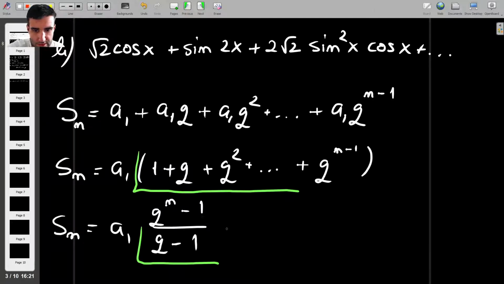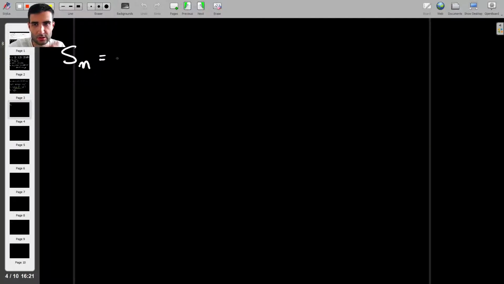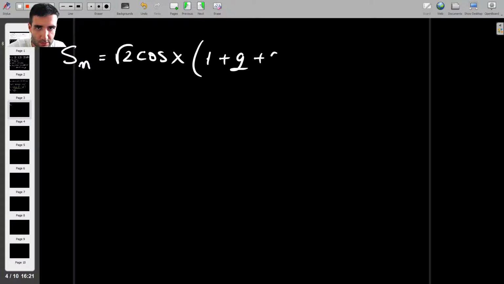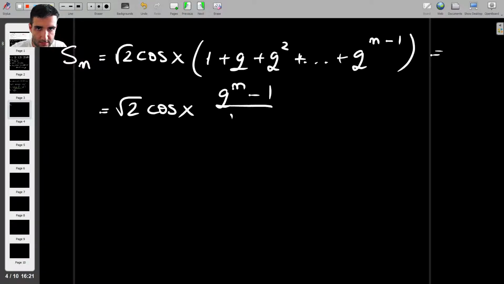So in our case, we have the following. The sum of the first n terms is going to be equal to the first term, root 2 cos x, times (1 + q + q² + ... + q^(n−1)).